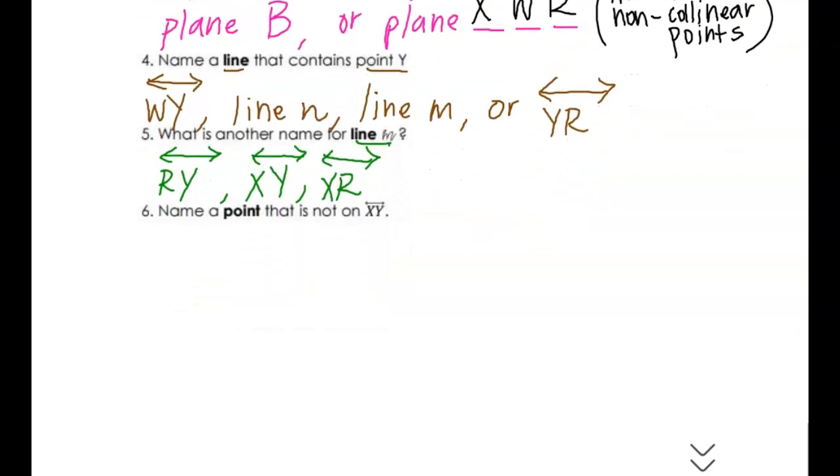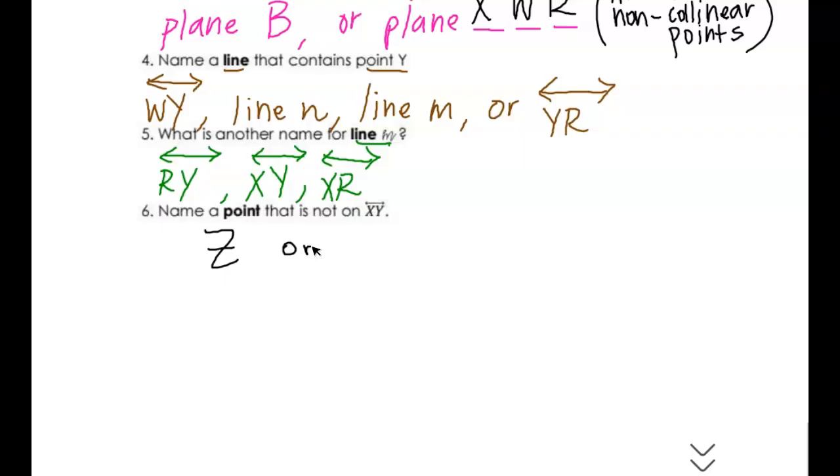Alright, middle table and every table. What's the point that's not on line XY? A point that's not on it. What did y'all get? Z? Z or what else?